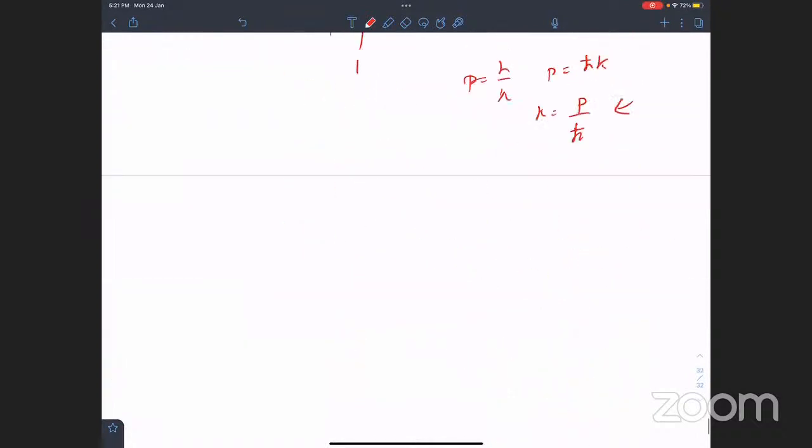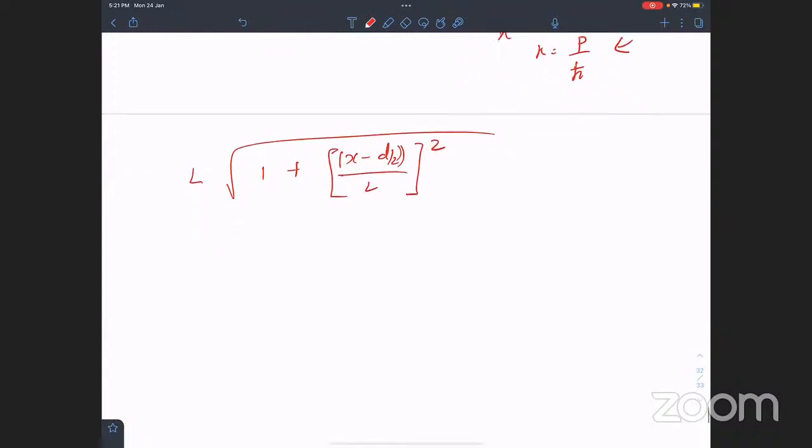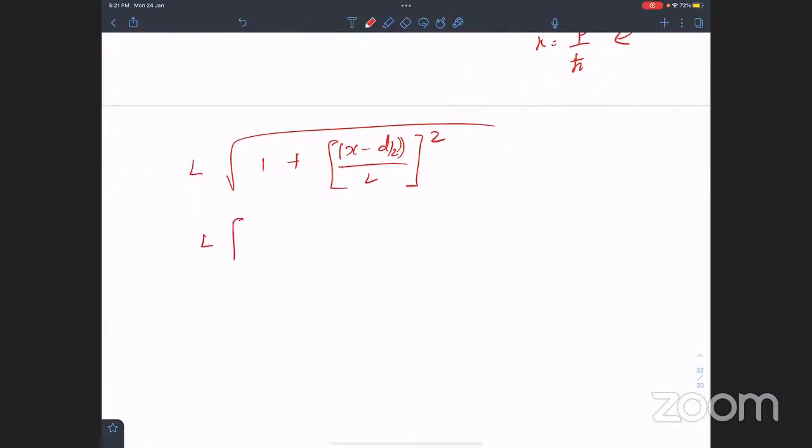And so how do we do that? We will basically divide by L square and take L outside. It's going to be 1 plus (x minus d by 2) divided by L, square root of that. And that can be written by the binomial theorem because the second number is quite small.